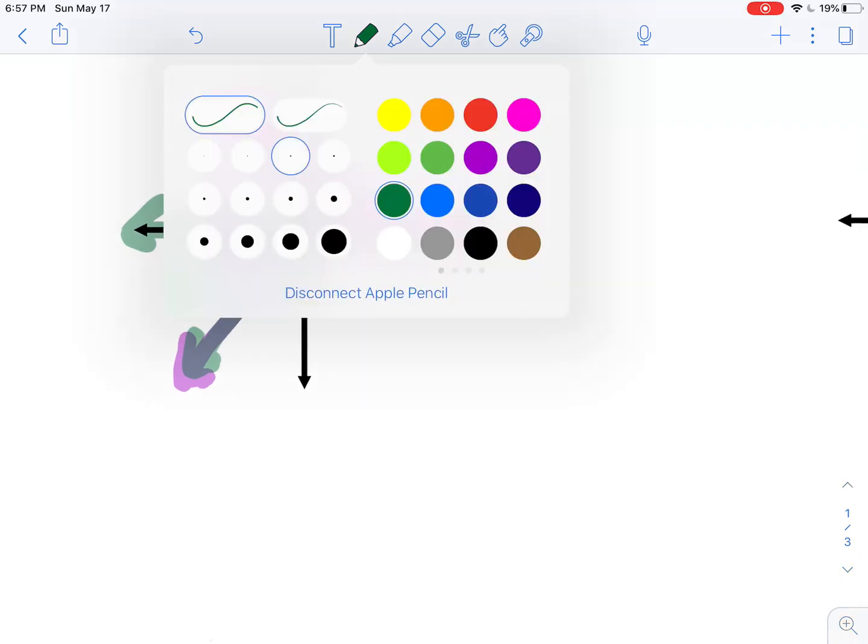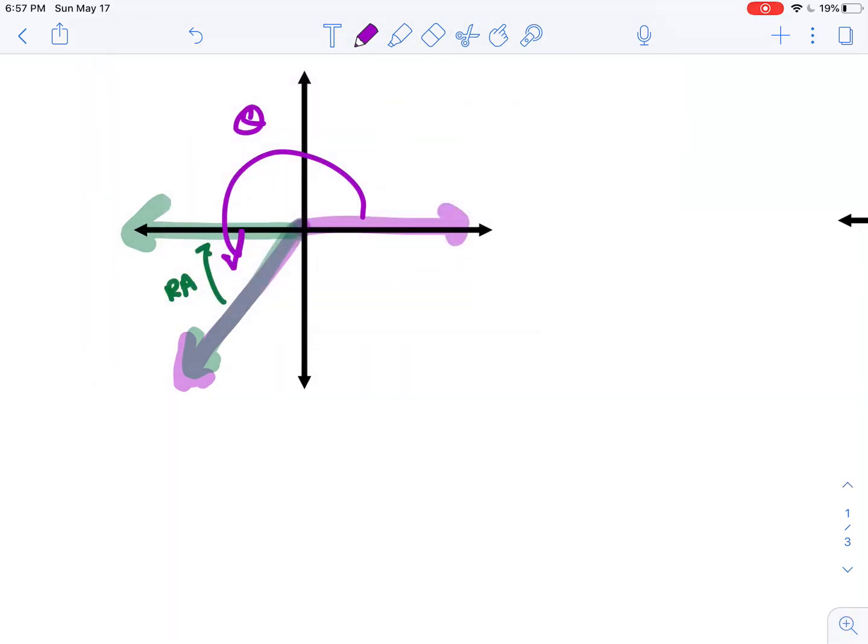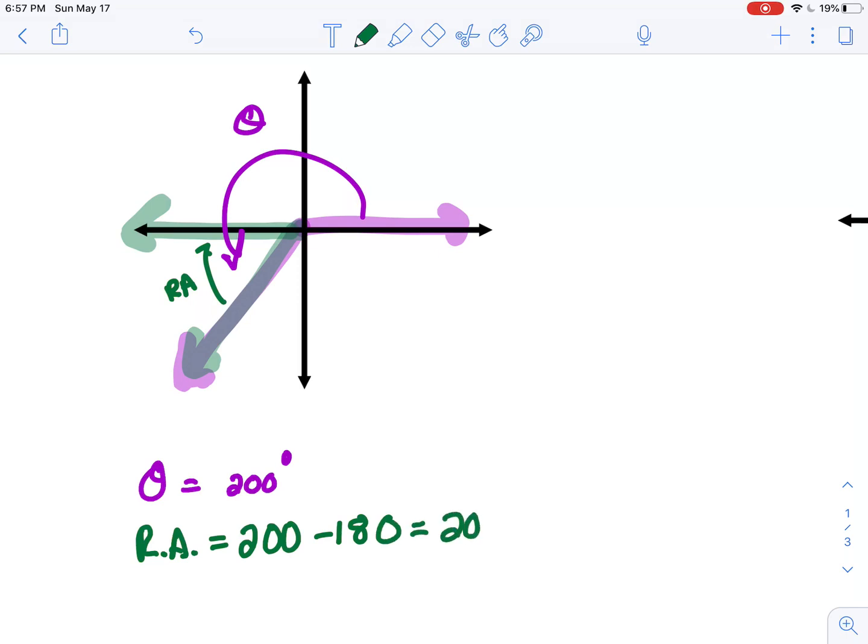So let's say, for example, that my theta was equal to 200 degrees. That means my reference angle is going to be 200 minus 180. So that's going to give me 20 degrees.